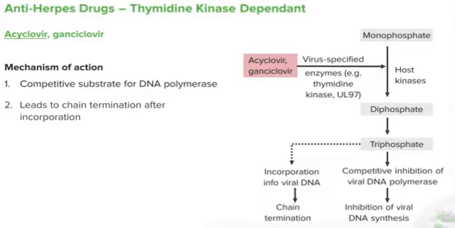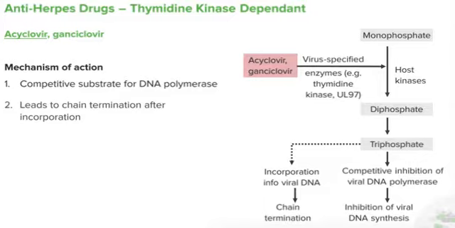Now, as we are going through the production of DNA, we have several steps. Now, the host kinases act upon acyclovir and ganciclovir to prevent the diphosphate form of these agents from being produced.